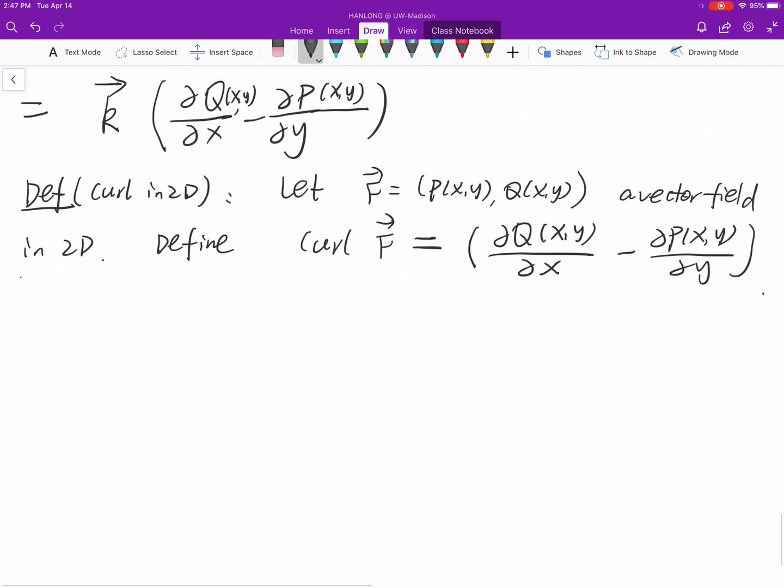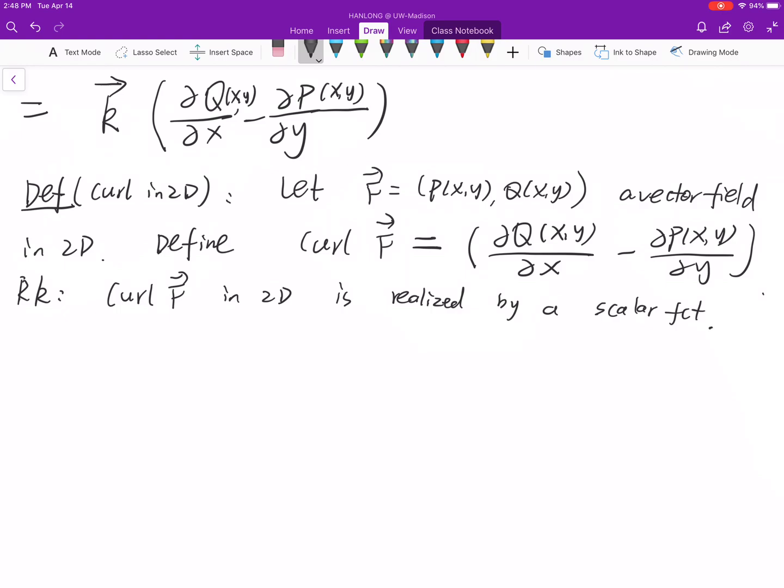Here I would like to make a remark. Curl F in 2D is realized by a scalar function. So we usually view curl F in 2D as a function, although in general it's a vector field in 3D.